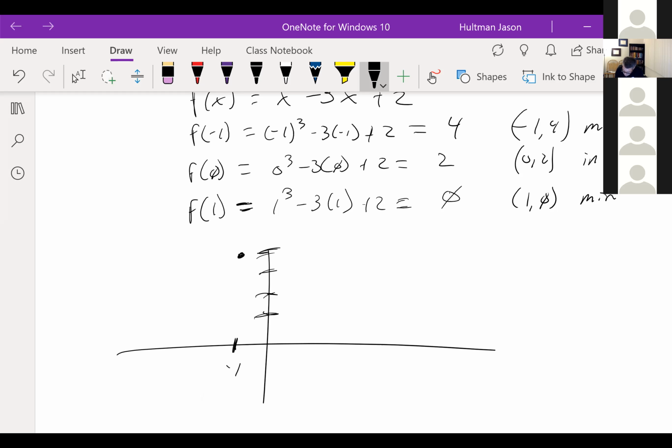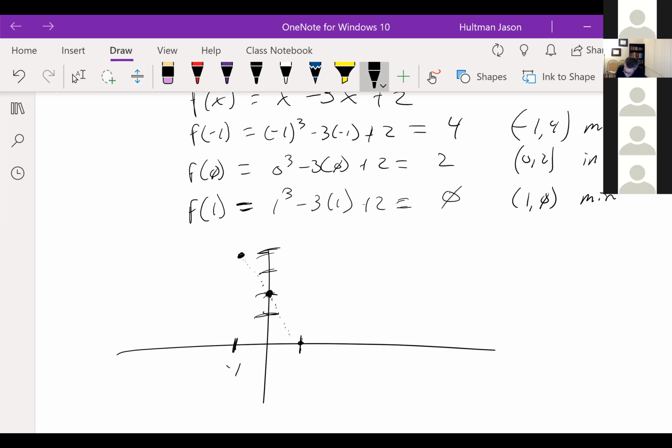So that's this guy here. That's the y-intercept, 0, 2. So it looks like it's coming down like this. And then at 1, I'm at 0. So it's coming down like this.